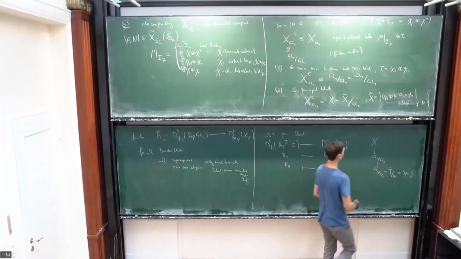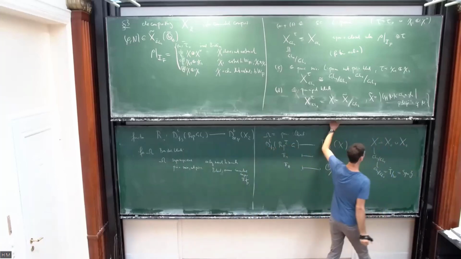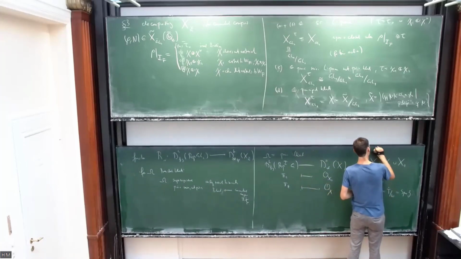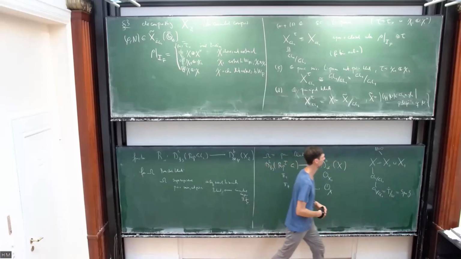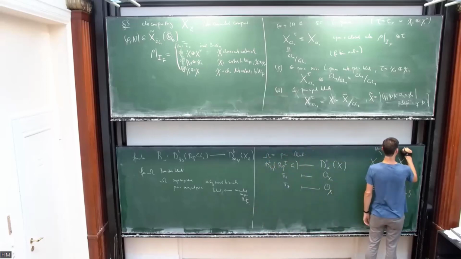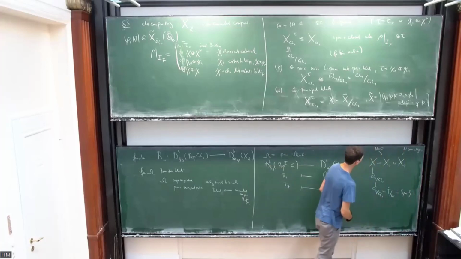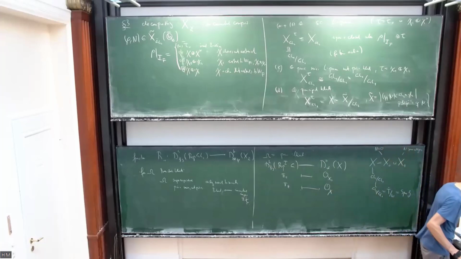So what is X0? This has two irreducible components. This is the irreducible component where the monodromy is forced to be 0, which looks like GL2 mod GL2. And this is where n generically is non-zero, which you can also describe as something like, I even wrote it somewhere, but I guess I won't find it.